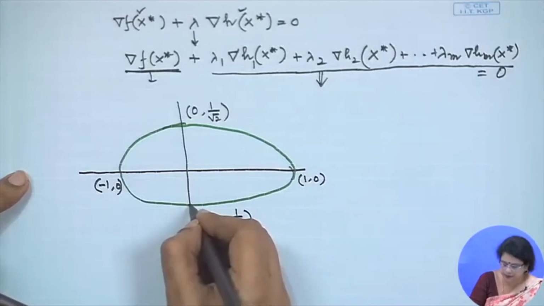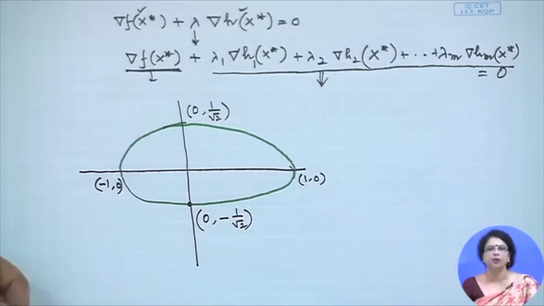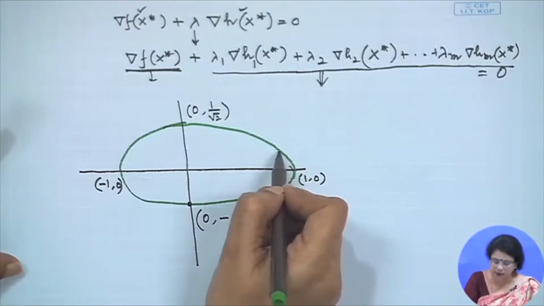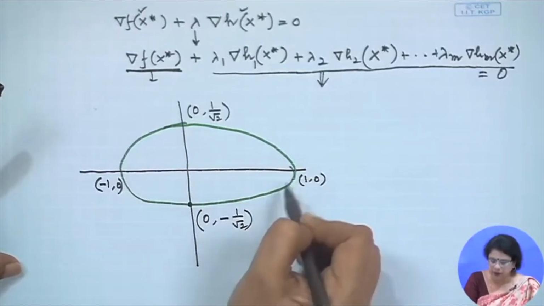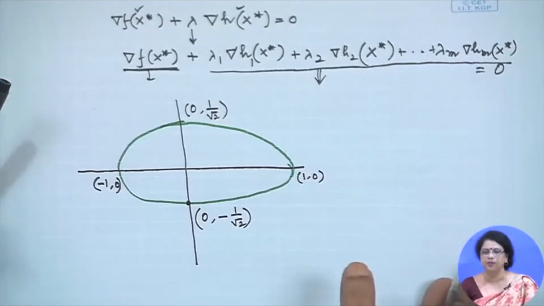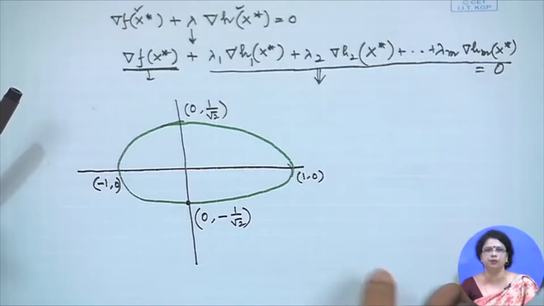Now, this is the constraint set. We can work only through the boundary of the ellipse, because the constraint is of equality type. The feasible space is only the boundary of the ellipse.